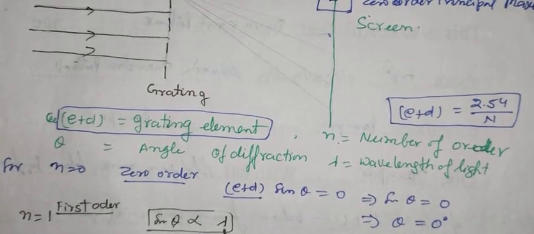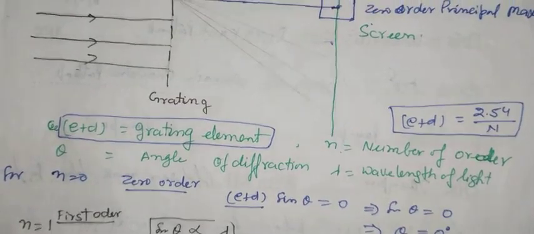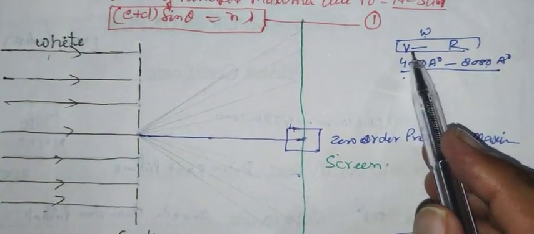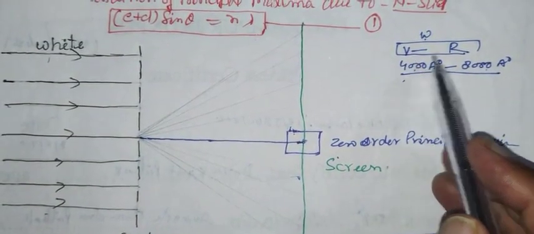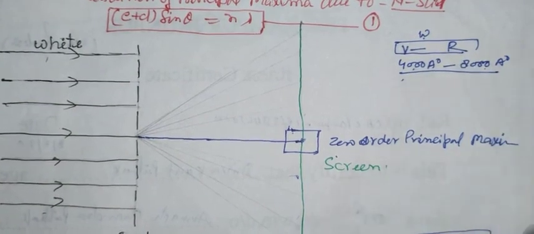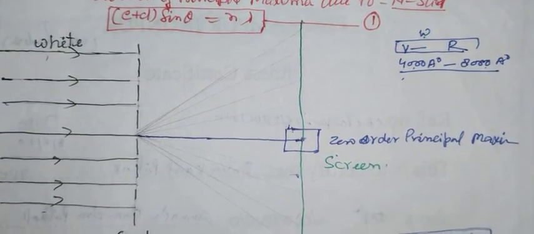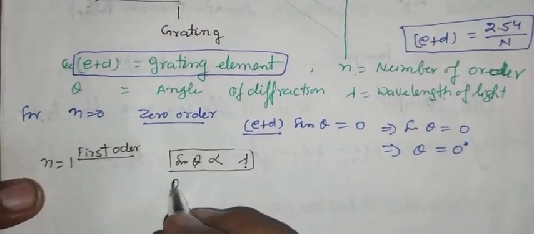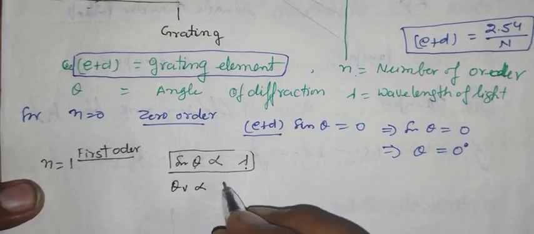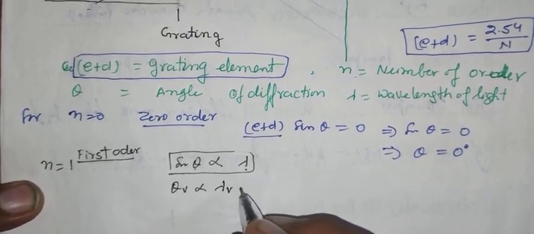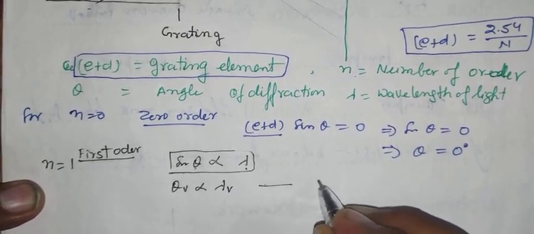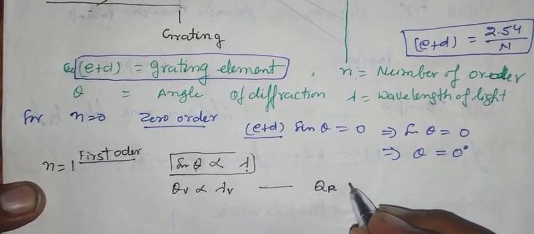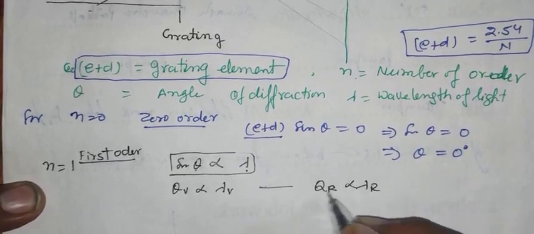Sin theta is directly proportional to lambda, and in white light the wavelength of violet is the least and red is the maximum. So the angle of diffraction for violet color depends on the wavelength of violet, whereas for red we take the wavelength lambda r.